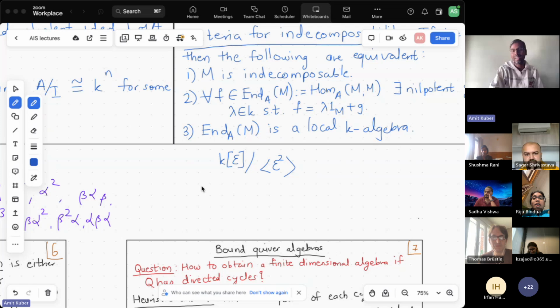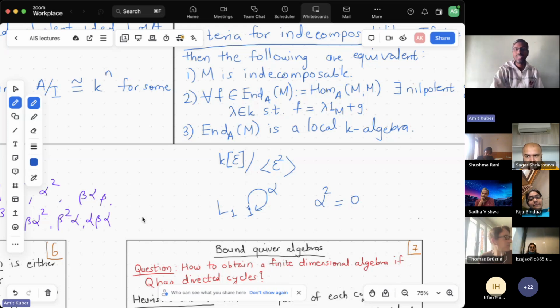Yeah, that's the idea. We have this finite dimensional algebra, and we have alpha with one vertex. This is a loop quiver, if you remember. But then the idea is to kill alpha squared. We declare that this particular path is 0.